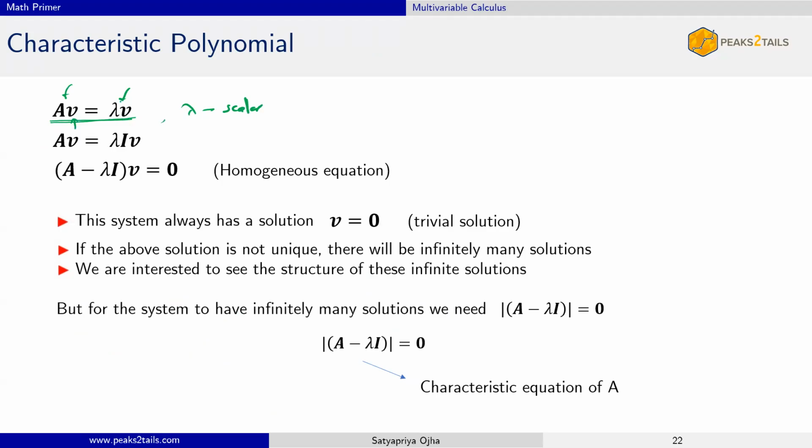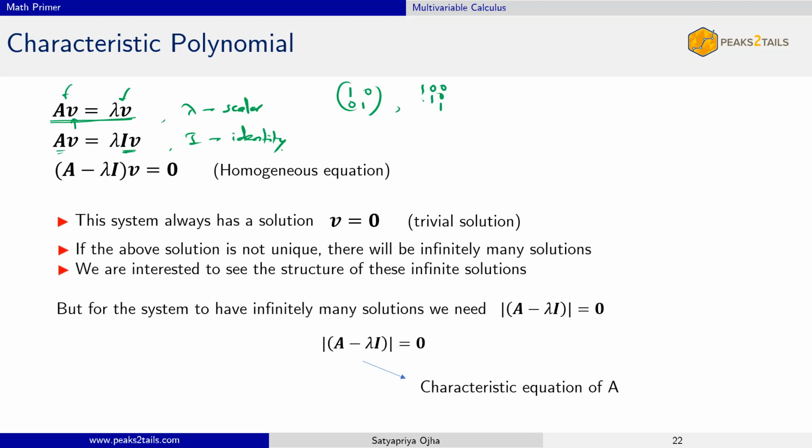Now, I can write V as I times V. I is the identity matrix. Okay, and I shares the same size as A. See, I can take I as anything.